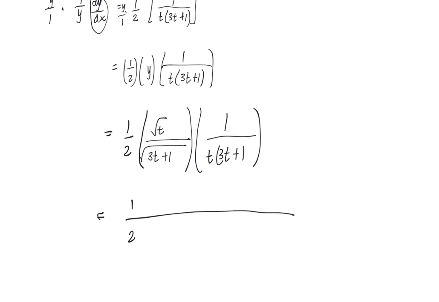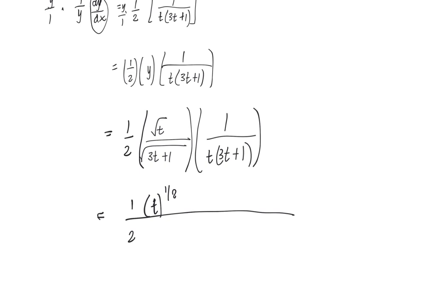So notice that I got a few of the same bases happening. I have a t, that's to the 1/2 power. I have a t to the first power down here. And in the bottom, I have a t to the 1/2 power and a first power. So I'm going to, instead of the radicals, I'm going to write a fractional exponent. 1 times the square root of t times 1, that's just t to the 1/2.